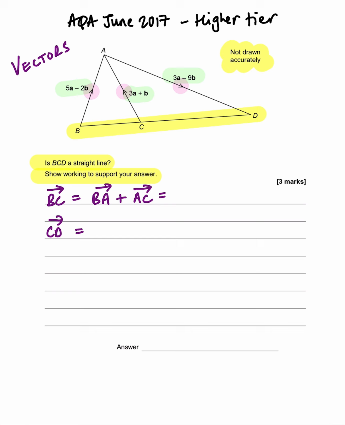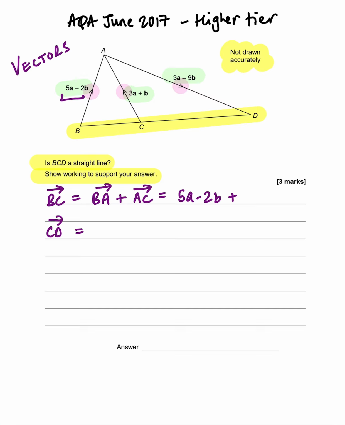So the journey would be B to A, and then A to C. So now I'm going to write the vectors for B to A and A to C. Well, B to A, we know is 5A subtract 2B.